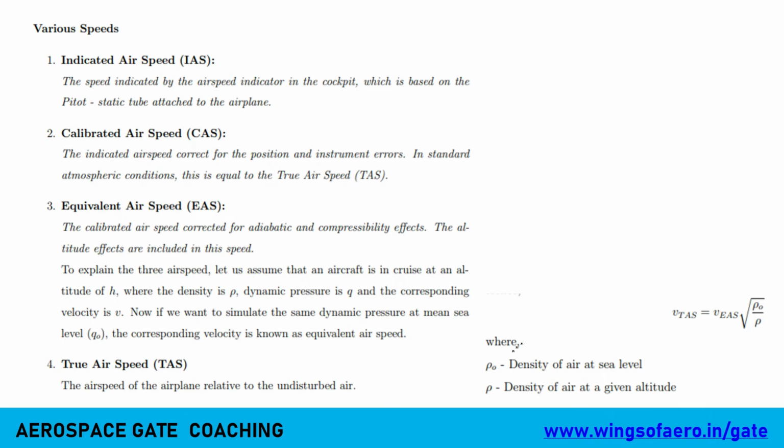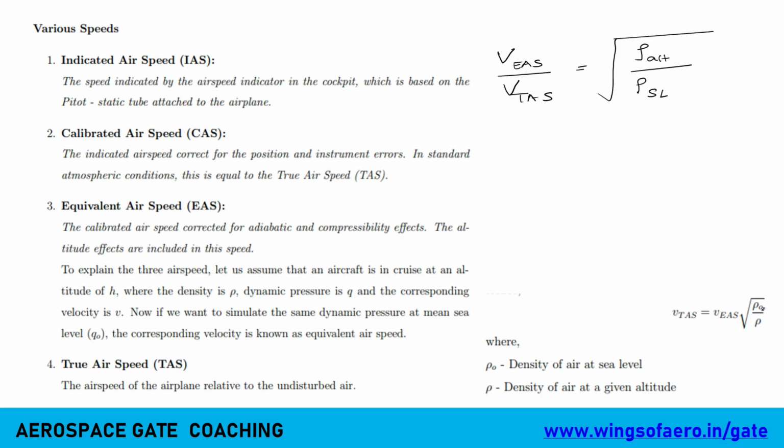According to me, I would like to refine this formula so it is easy to remember. My way of writing it is: velocity of equivalent airspeed by velocity of true airspeed equals root over rho of altitude by rho of sea level.